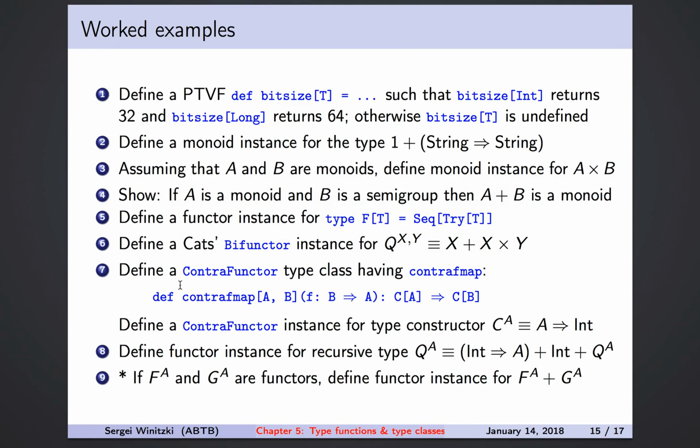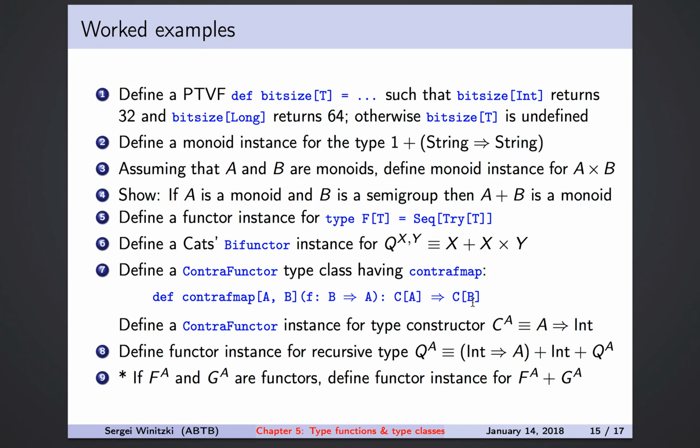The next example is to define a contrafunctor type class. So this type class is like functor, except it has contra fmap, where the direction of the arrow is counter to the direction of the transformation of the functor values, the type constructor values.